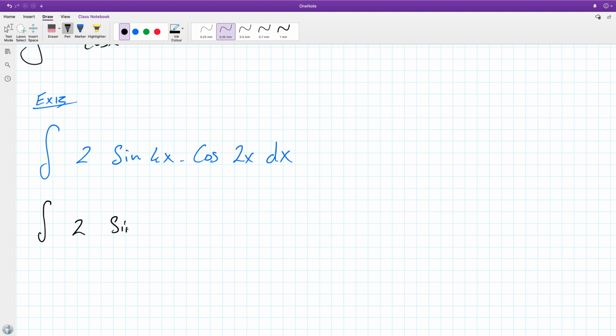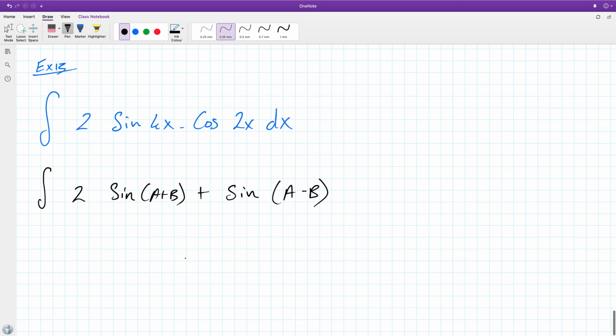So 2 times sine and cos is the rule of 2 times the sine of a plus b plus the sine of a minus b. Sorry, that 2 should be gone then.